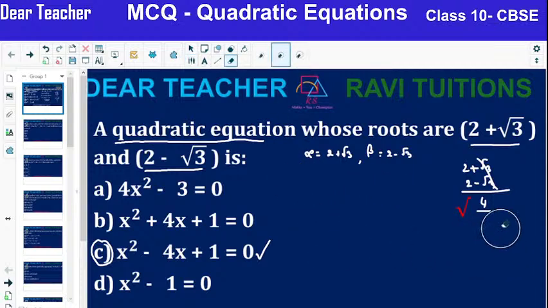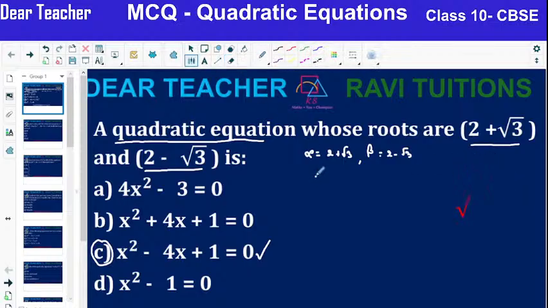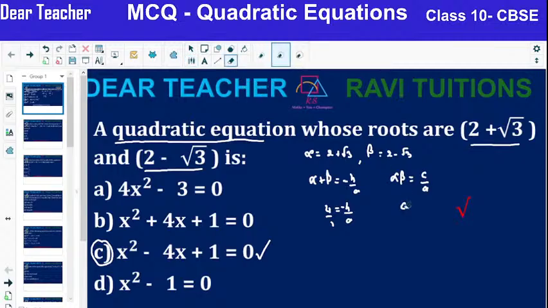Whatever method you are feeling comfortable with, you can do in that method. Now another method is alpha plus beta is equal to minus b by a, and alpha into beta is equal to c by a. So 2 plus 2 is 4, which is equal to minus b by a. And here c by a is 2 plus root 3 into 2 minus root 3, 4 minus 3, nothing but 1.